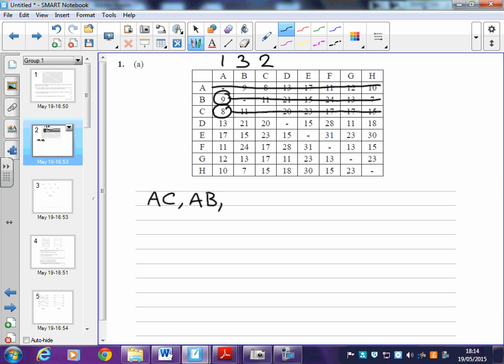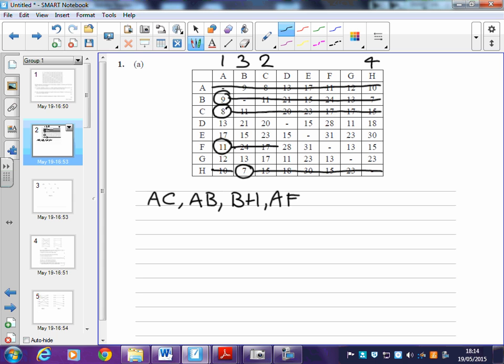Now looking for the smallest number in columns A, B or C because they're all numbered. The smallest number I've got in there is this number 7, which corresponds with BH. Delete all of row H, label column H with the number 4, and now look for the smallest number in column A, B, C or H. The smallest number I've got there is this number 11, which links in with AF.